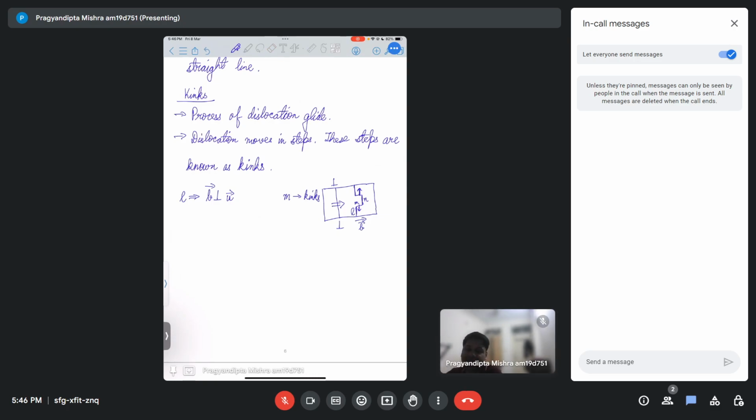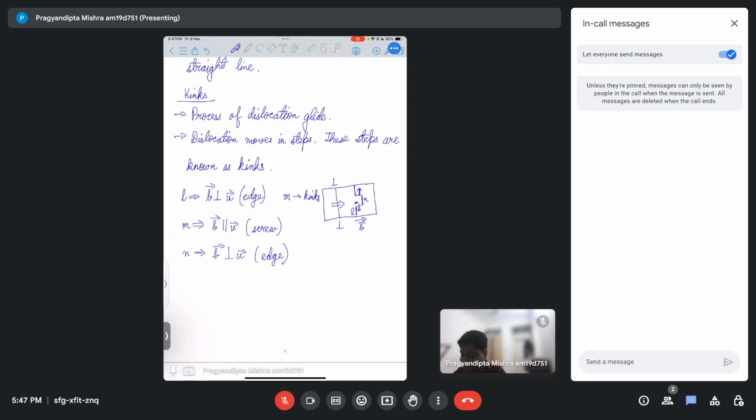So this is still having edge characteristics. M has Burgers vector parallel to the dislocation line, right? So this has screw character, while N has Burgers vector again perpendicular to the dislocation line, so it also has edge character. So this is how the motion will happen through kinks.